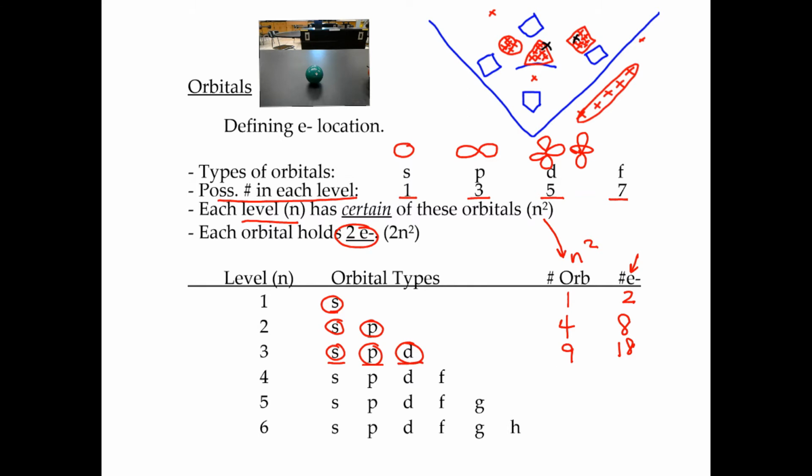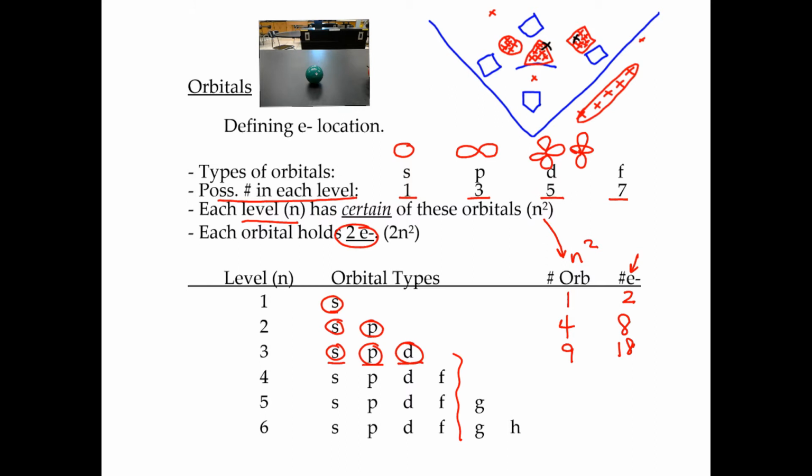This actually continues to carry on even for elements that don't use all the orbitals. So we learned about s, p, d, and f. Technically, there's actually a g orbital, an h orbital, an i orbital. These are all theoretical because no elements really use these. We're pretty much cutting off at the f's right now for all the elements that we know about.